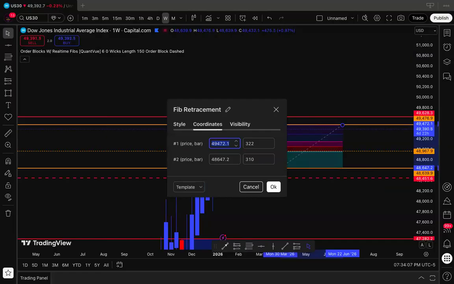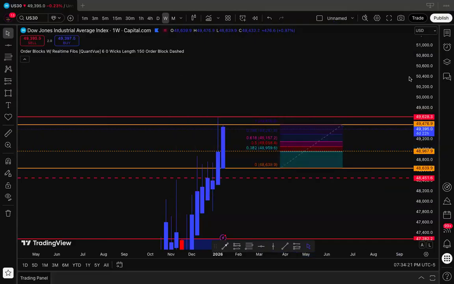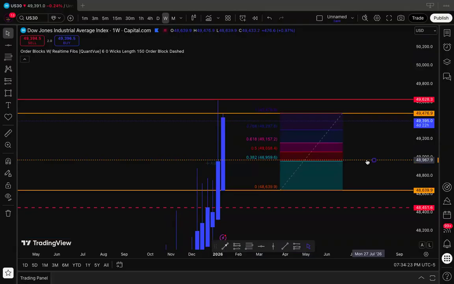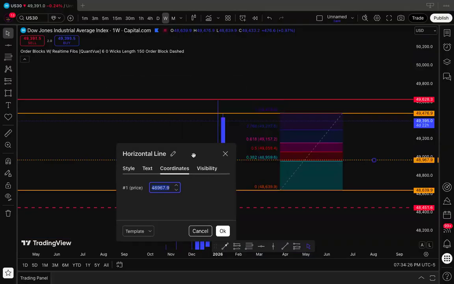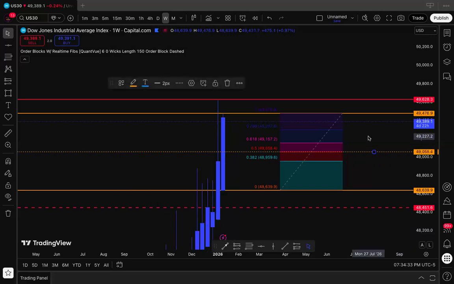So that's the high of 49,476.9 and the low, 48,639.9. $49,058.4 is the mid-month level of support.